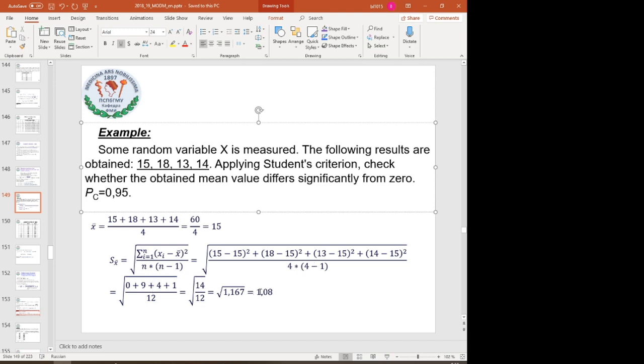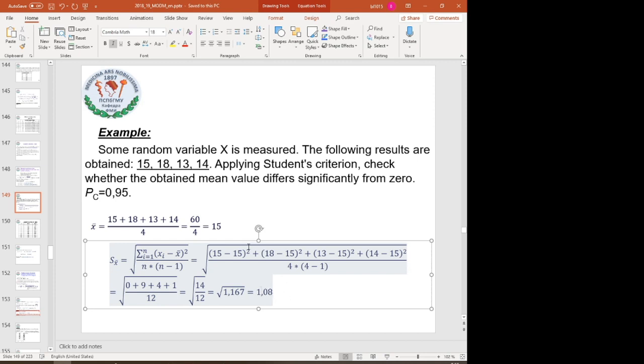We obtain 1.08, sorry, this is just the error, so it's in the denominator.